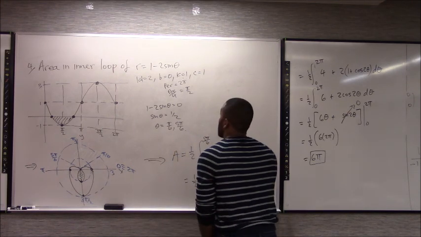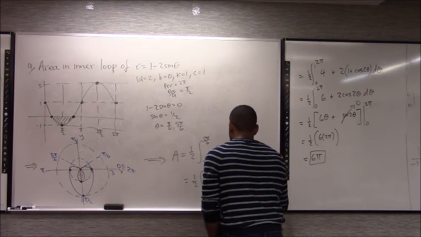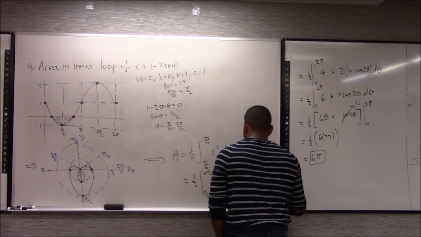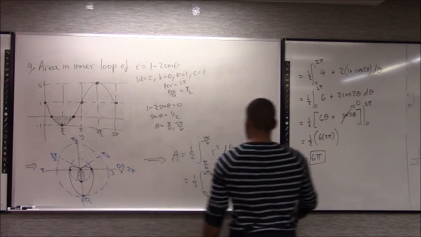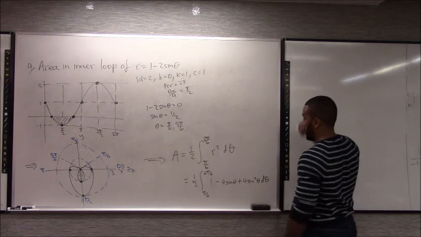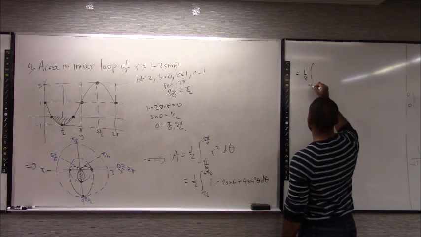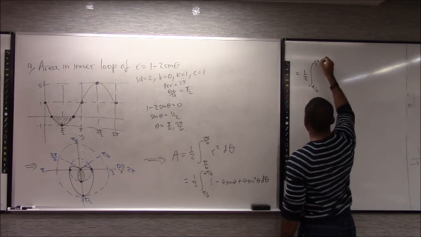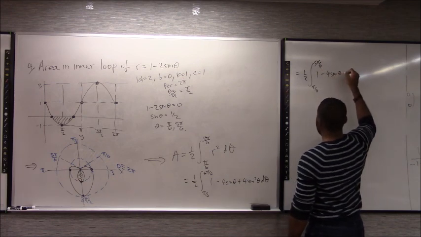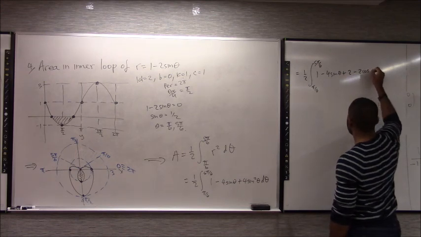So that's going to be 1 minus 4 sine theta plus 4 sine squared theta d theta. And that would be 1 minus 4 sine theta plus 2 minus 2 cosine 2 theta.